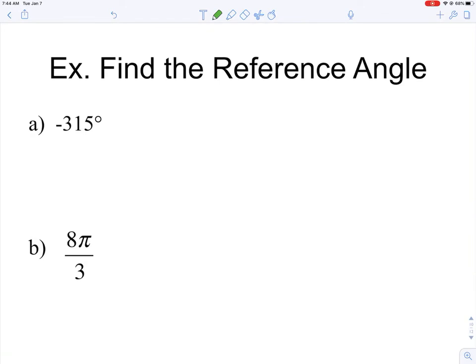All right, so for finding the reference angles for these angles, I think it helps to draw a picture. You might not need to.